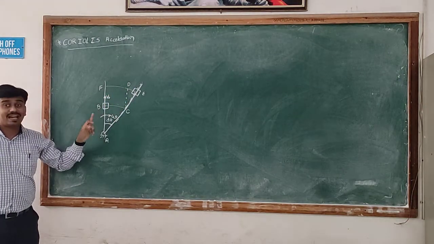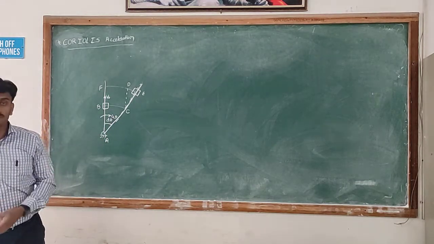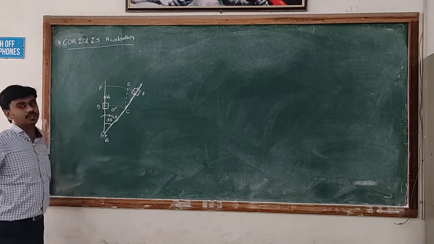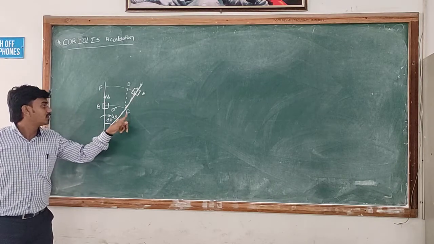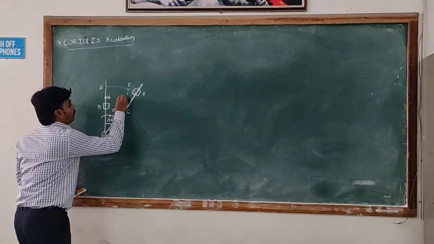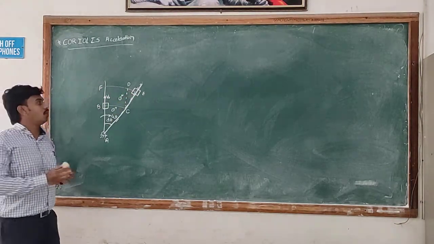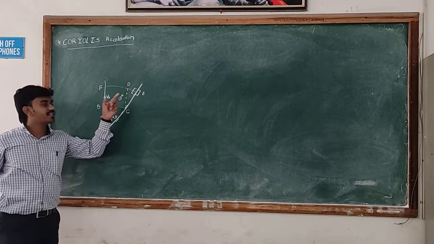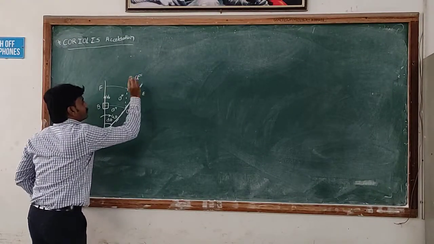The distance traveled by the slider from B to C is due to the tangential component of the acceleration. C to D is due to the normal component of acceleration, and D to E is reached due to the Coriolis component of the acceleration.